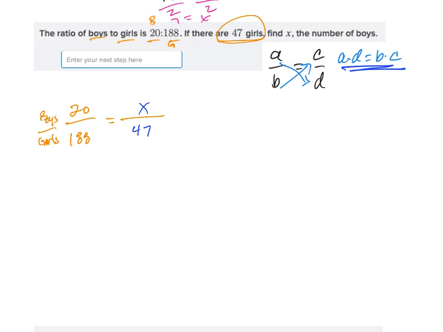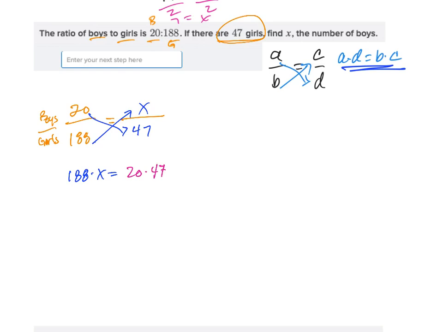Now it's a proportional relationship. And that's the ratio. Now what we have to do is calculate, well, we're going to have 47 girls. How many boys are there? So we just do the cross product. We get that 188 times x equals 20 times 47.